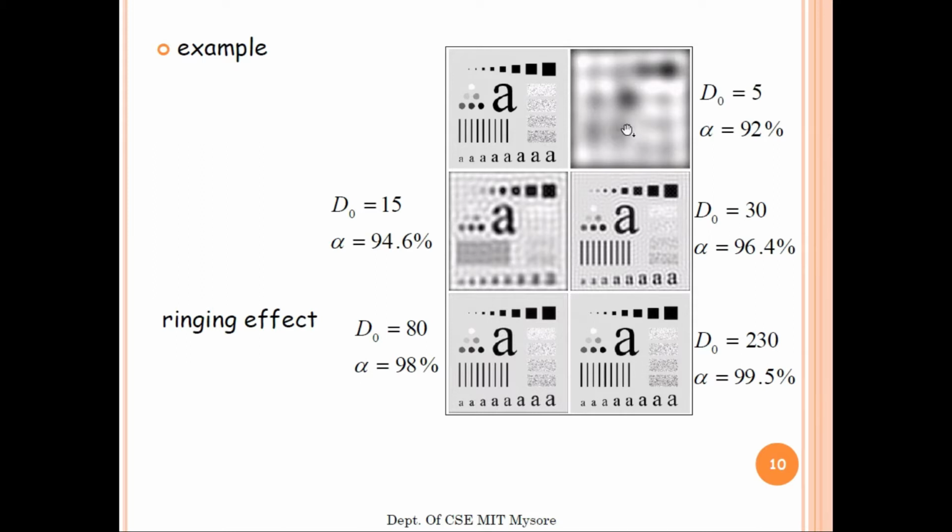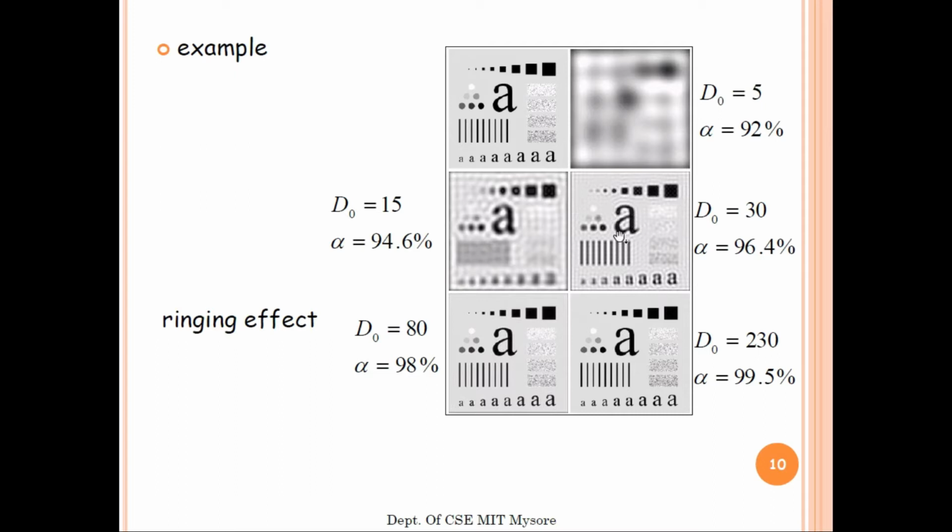We can't fetch any information from the output image because it contains more blurriness. If D0 is increased to 15, there is a blurring effect and also a ringing effect. In the third image, the D0 value is 30. Here the image contains a little bit of blurring effect and the ringing effect is more.